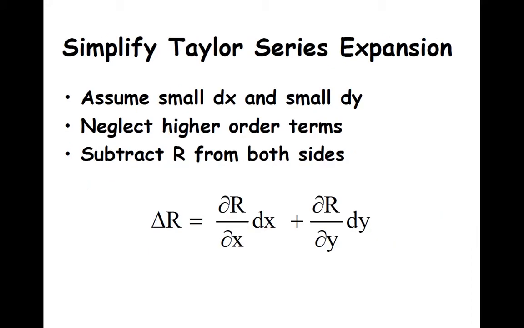We are interested in delta R as delta R is the error for R. If we assume small dx and dy, we can neglect the higher order terms in the Taylor series expansion equation. Therefore, by subtracting R from both sides, we get delta R equals partial R over partial x times dx plus partial R over partial y times dy.